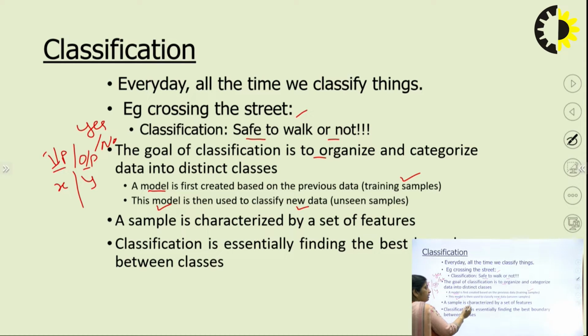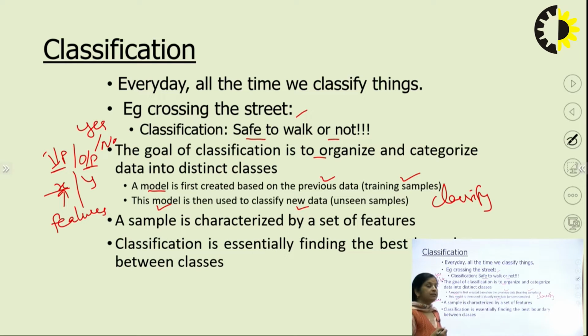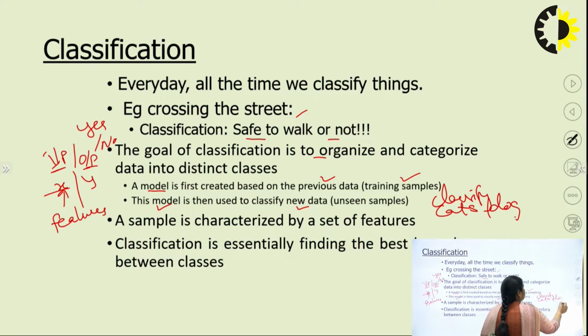The classification model is based on training samples and it is used to predict the class of unseen data. A sample is characterized by a set of features. When we say we have previous data, we are given input and output pairs, and the input data will have some features. In this example, I have an X and Y pair, X is input and Y is output. In the same way, I can have multiple things. For example, if I have to classify cats and dogs, I have two classes, a cat class and a dog class.